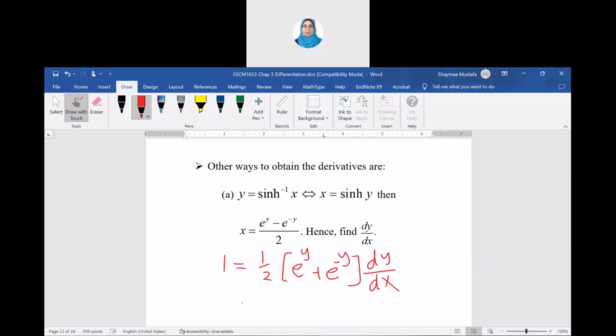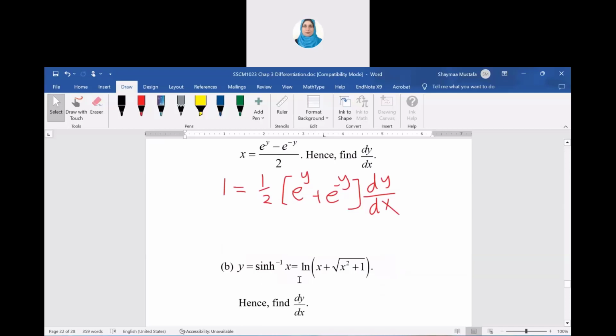Multiply both terms by dy over dx, because both terms have y, and then you need to find dy over dx from here.